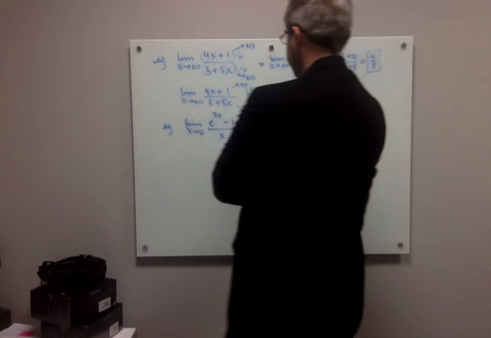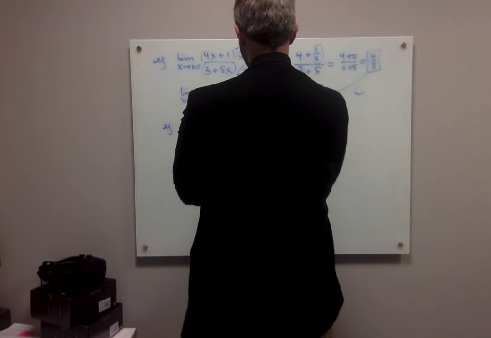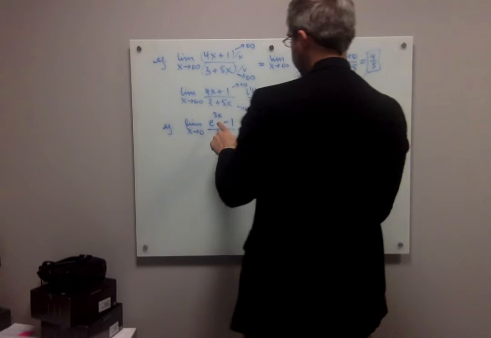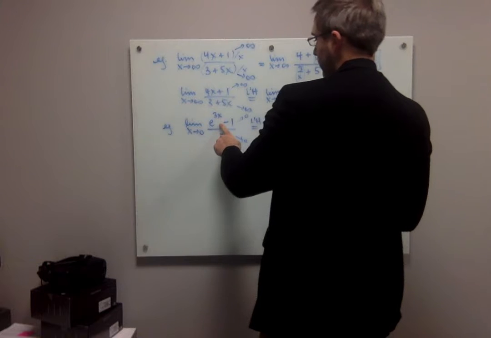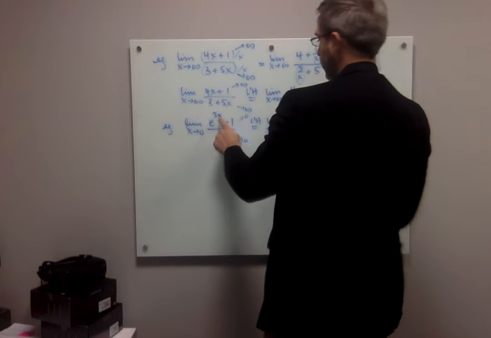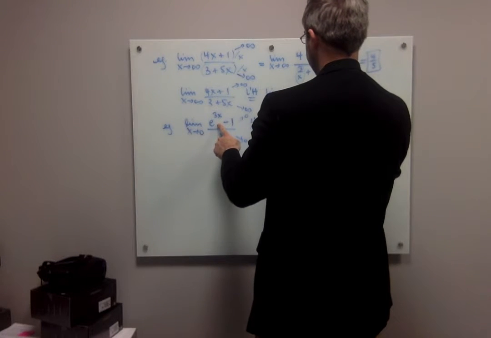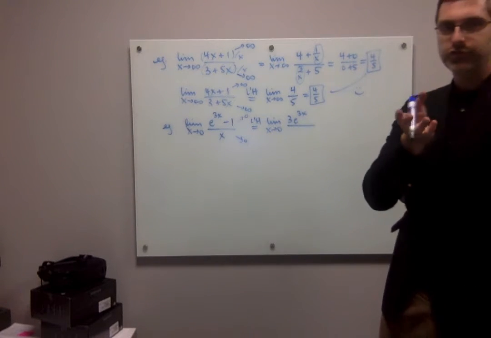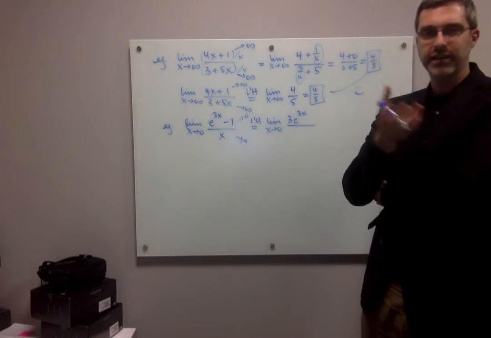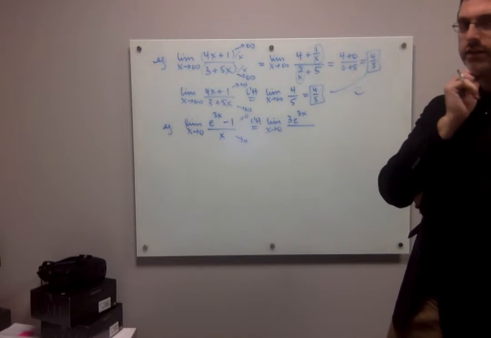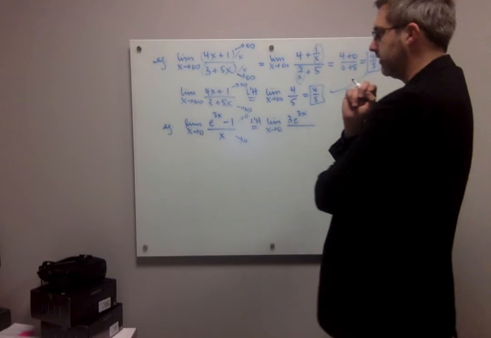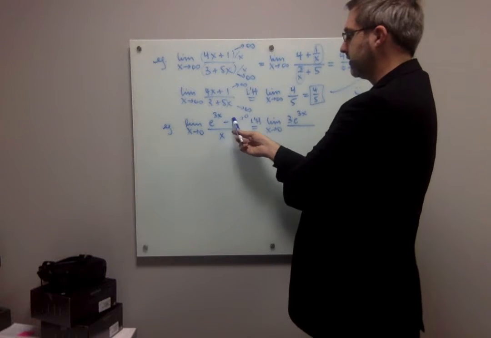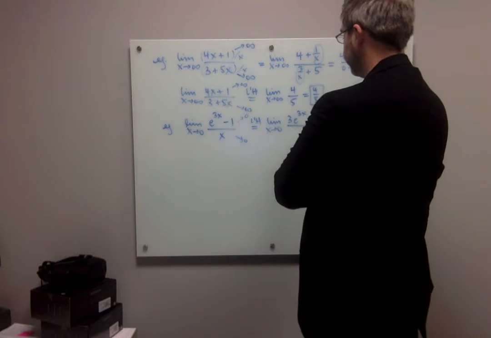L'Hopital's rule says take the derivative of the top. So the derivative of e to the 3x, we've done this enough, is 3e to the 3x. You have to use the chain rule, but you've done e to the something x enough that you should feel comfortable with this. Minus the derivative of 1 is just 0.